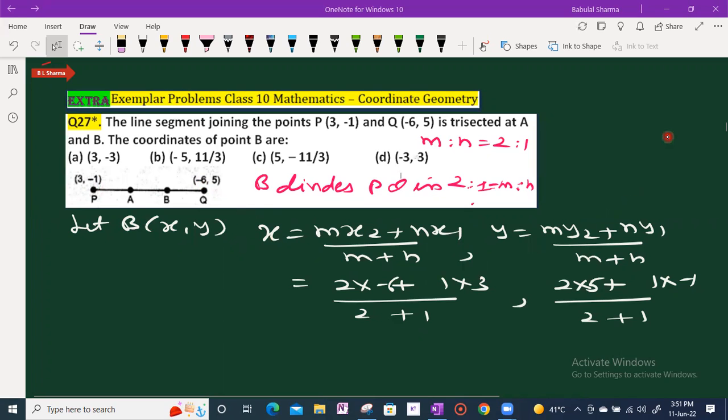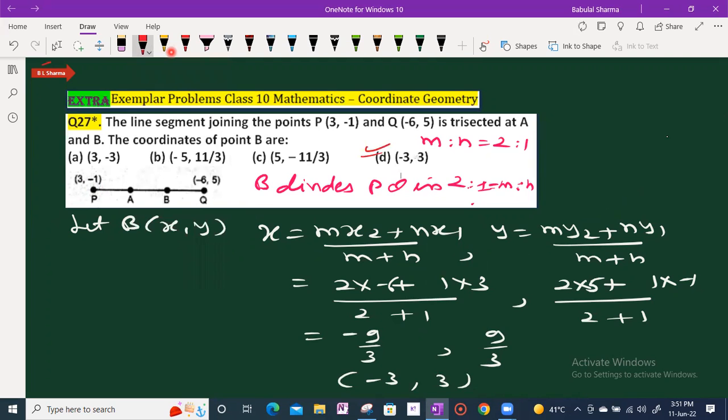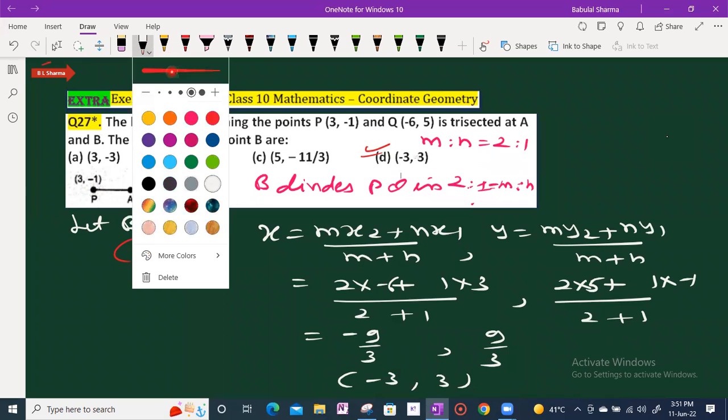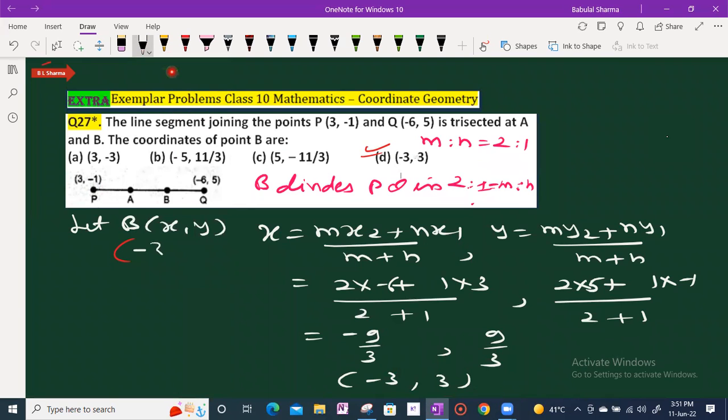So again simplifying, -12 plus 3, that is -9/3, and 10 minus 1, that is 9/3. So -3, 3. Therefore the coordinates of point B will be -3, 3. D is the correct option here.